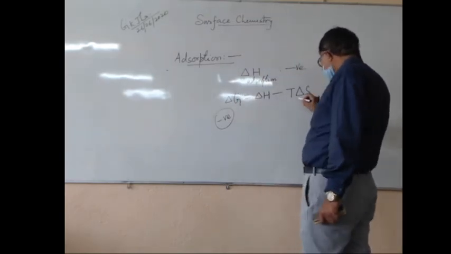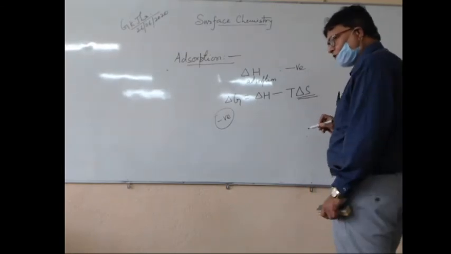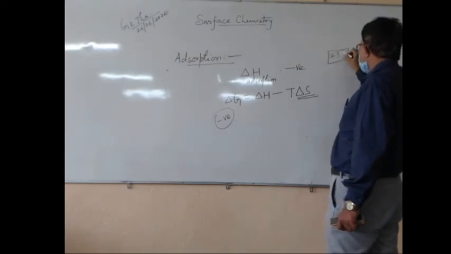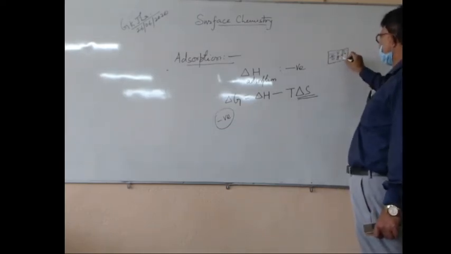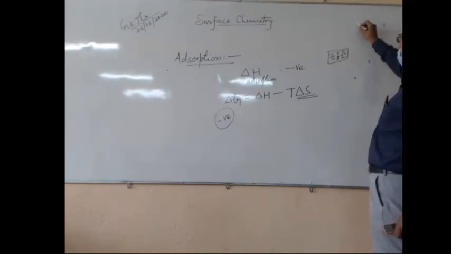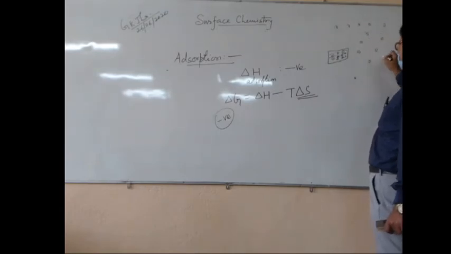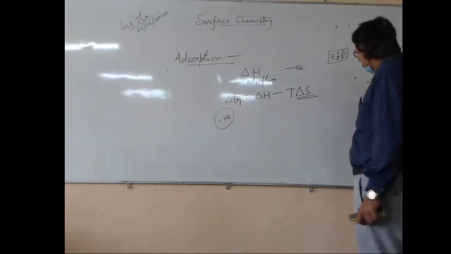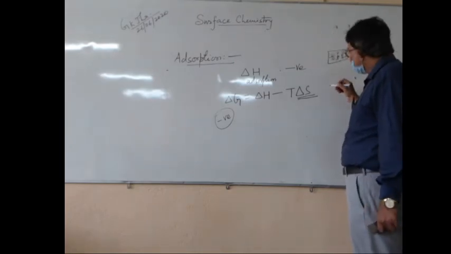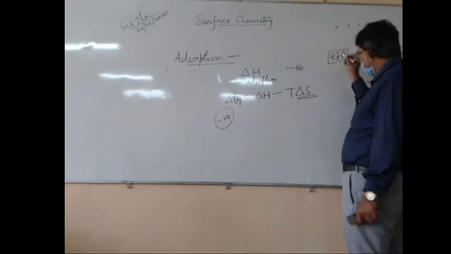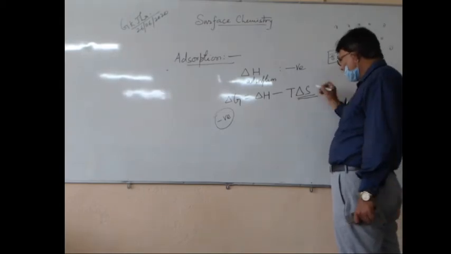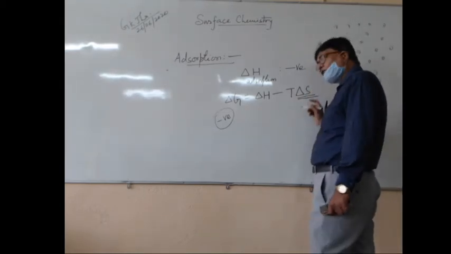Now consider delta S, that is the change in entropy. Suppose this is the surface, and here gaseous molecules are adsorbed. Gaseous molecules before adsorption had a greater degree of freedom to move about the available space. But after adsorption, the degree of freedom, the randomness, decreases. The moment randomness decreases, that means delta S is negative.